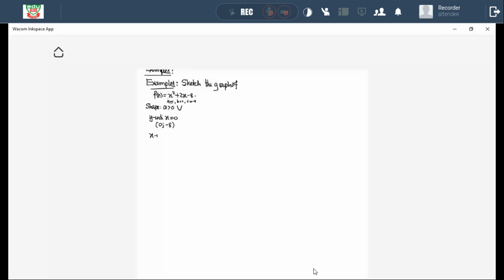Now I'll come to the x-intercept, where y is equal to 0. So I'll say y is equal to x squared plus 2x minus 8. But y is 0, so it's 0 equal to x squared plus 2x minus 8. I'm now solving for x.